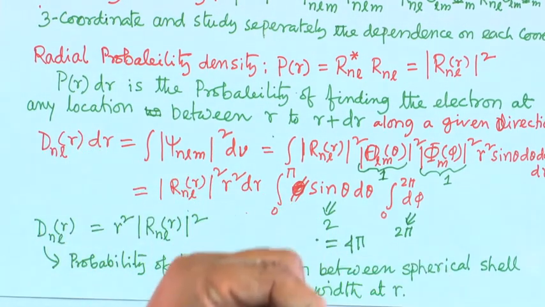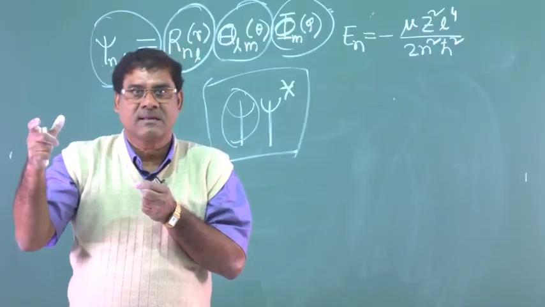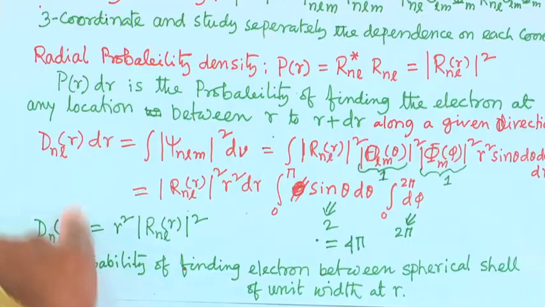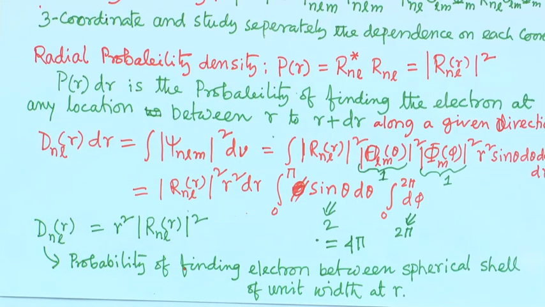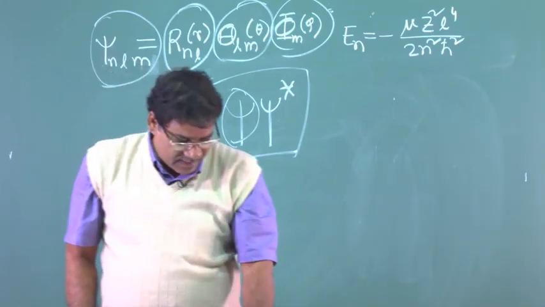In one case, along a given direction, we ask the probability between r and r plus dr, and in the other case, D_nl(r) dr is the probability to find the electron between two spherical shells of r and r plus dr.